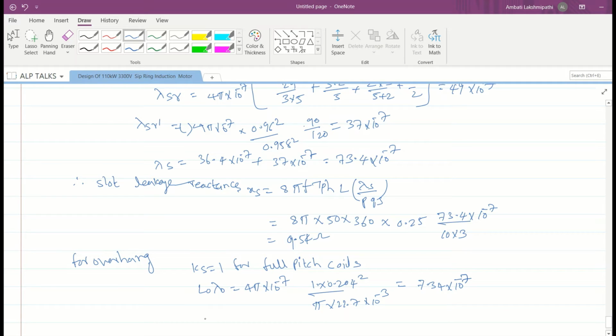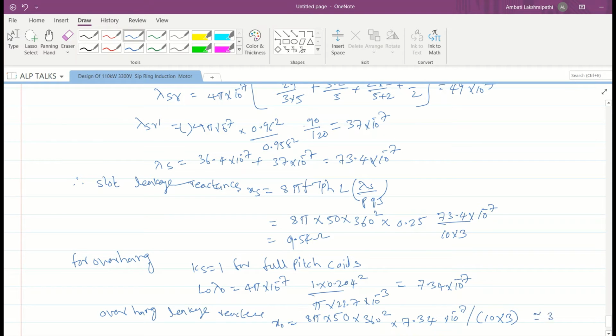Now let's calculate the overhang leakage reactance. We have a basic formula for that: x naught equals 8 pi into 50 into 360 squared into 7.34 into 10 power minus 7, divided by 10 into 3.